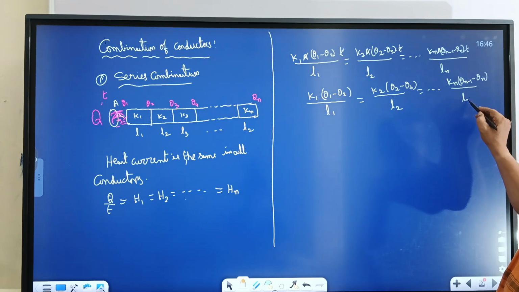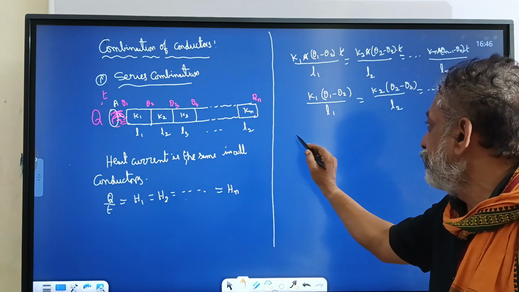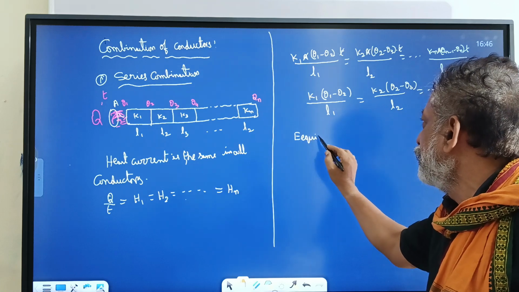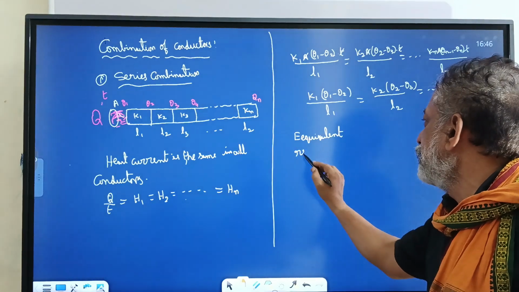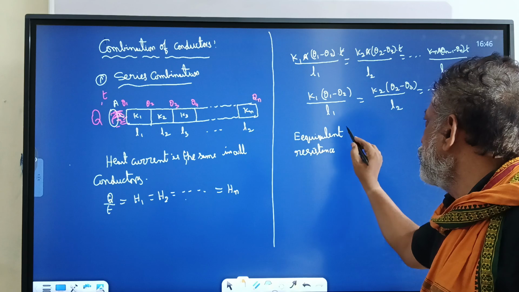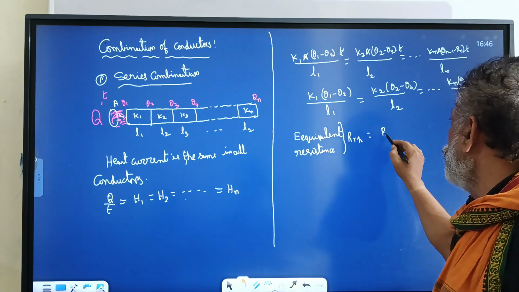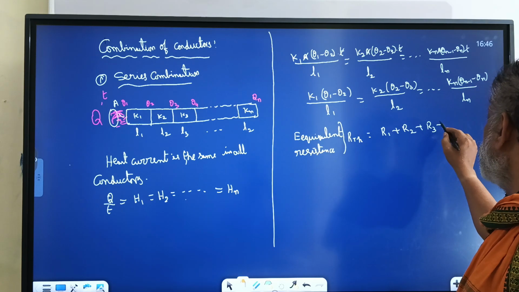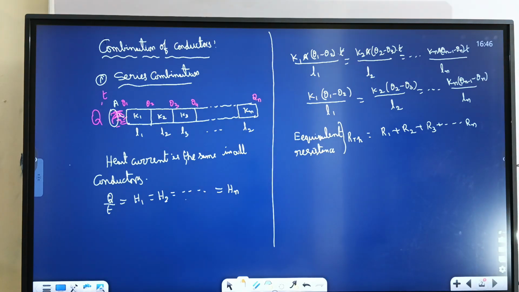This is the general relation. Now the equivalent thermal resistance is RTH equal to R1 plus R2 plus R3 plus up to Rn. This is the equivalent resistance in this case.